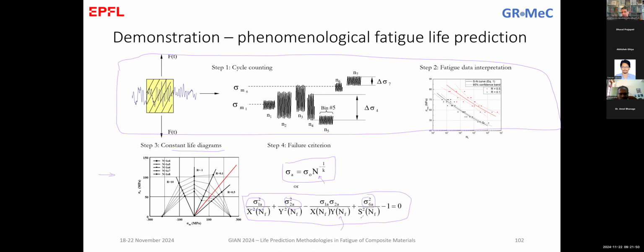This is, of course, a nonlinear equation for NF, but it's not difficult to solve. At the end, what we have is either a simple SN curve or another simple SN curve that corresponds to multi-axial loading. So if we have this NF, again, this NF is used to identify partial damage.